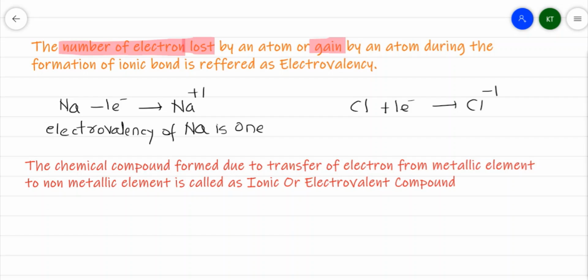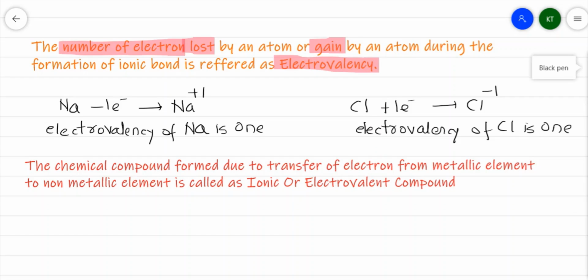As it gains 1 electron, the electrovalency of chlorine is also 1. So it totally depends upon how many electrons an atom of an element is losing, or how many electrons an atom of an element is gaining. That is defined in terms of electrovalence.